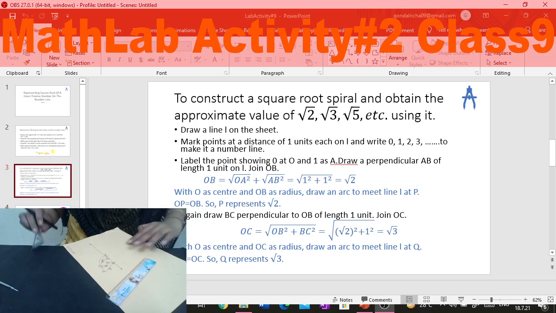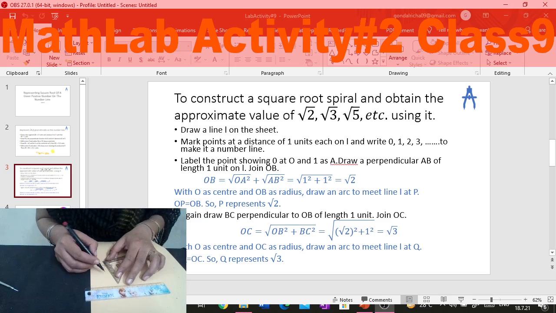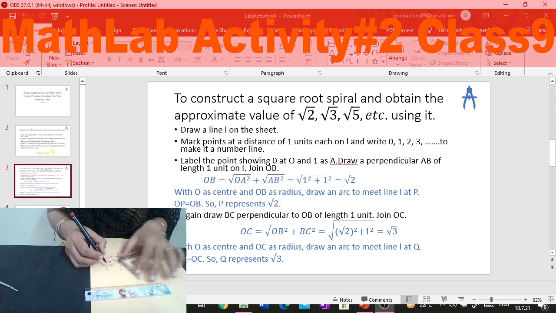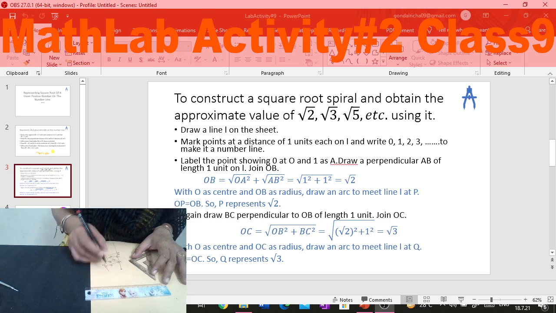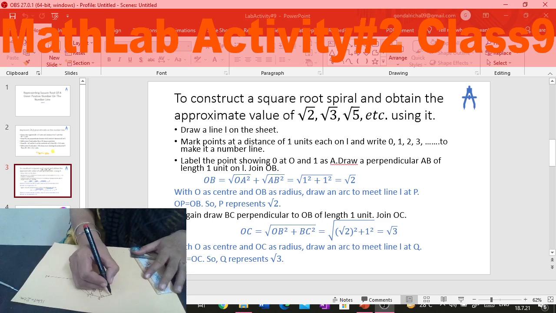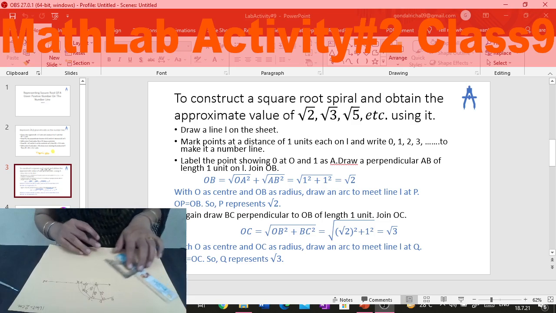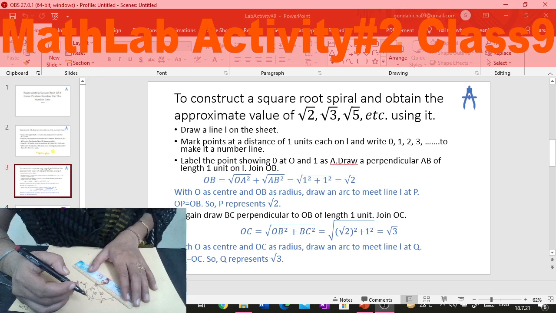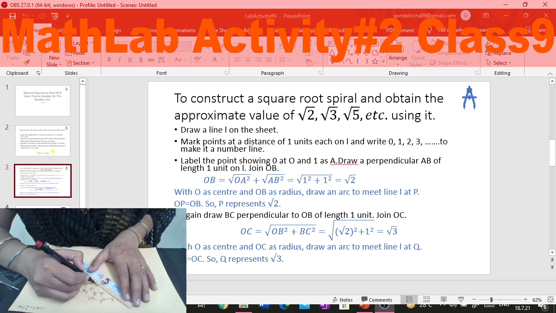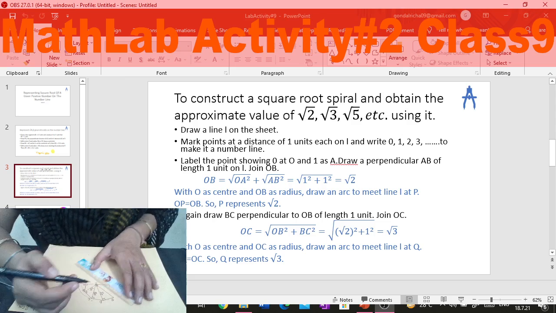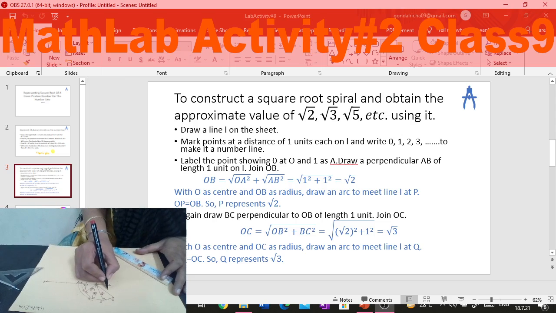Similarly, moving in this fashion, again I am going to draw a perpendicular here, like this, and mark this point as E. Now we are going to join OE, and the length of OE is root 5.